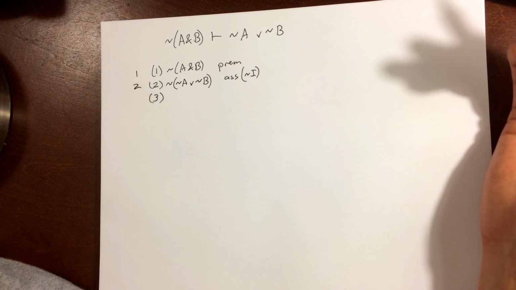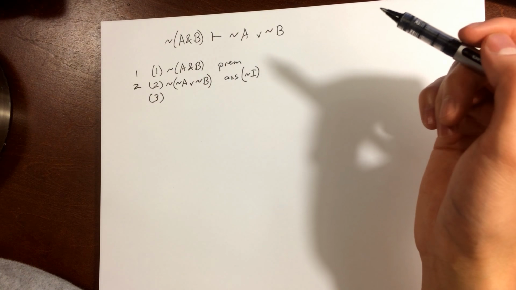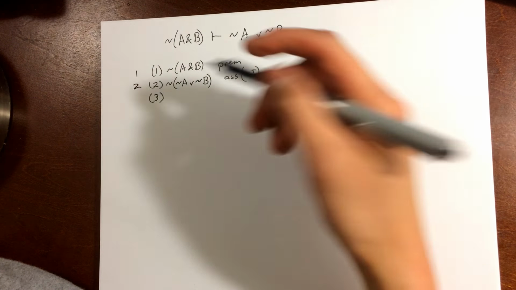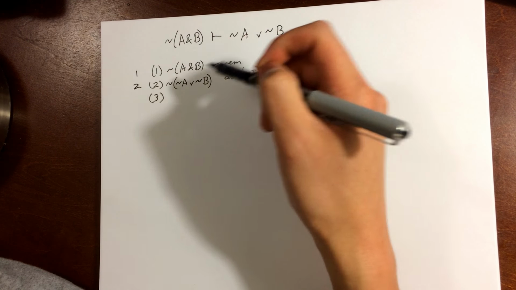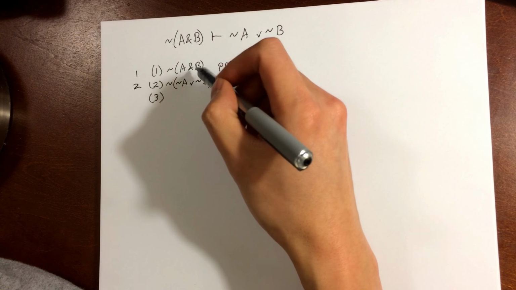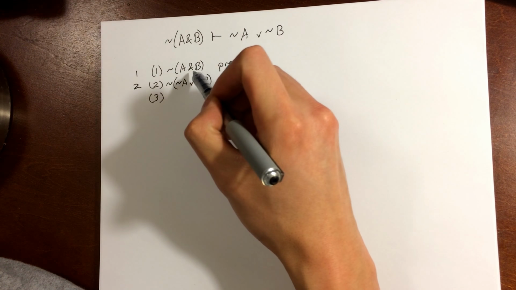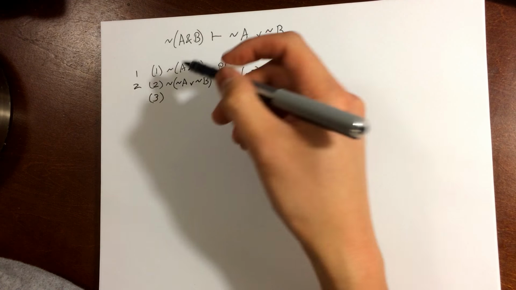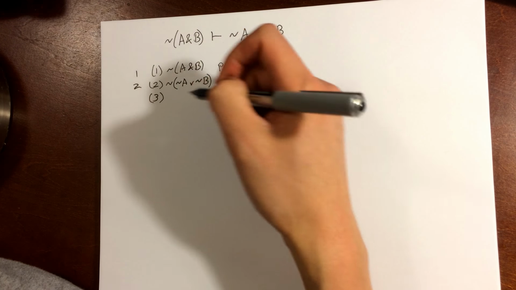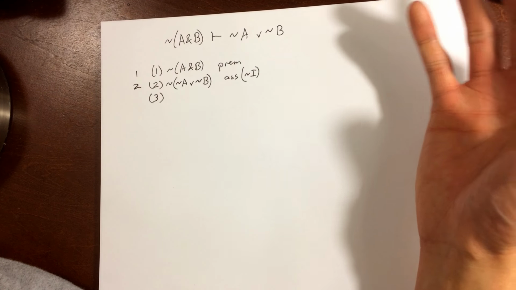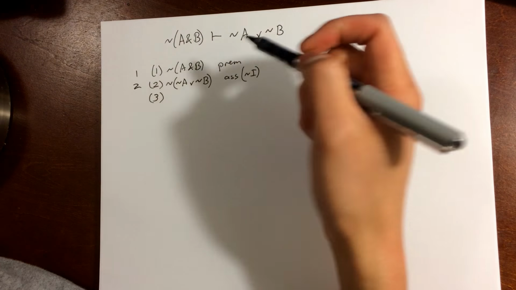So let's first try to produce a contradiction in order to negate our assumption, right? And so I'm going to try to make A and B in order to produce my contradiction. So how am I going to get A? Right, and so if I want A, I'm going to again use the reductio ad absurdum to try to produce that.